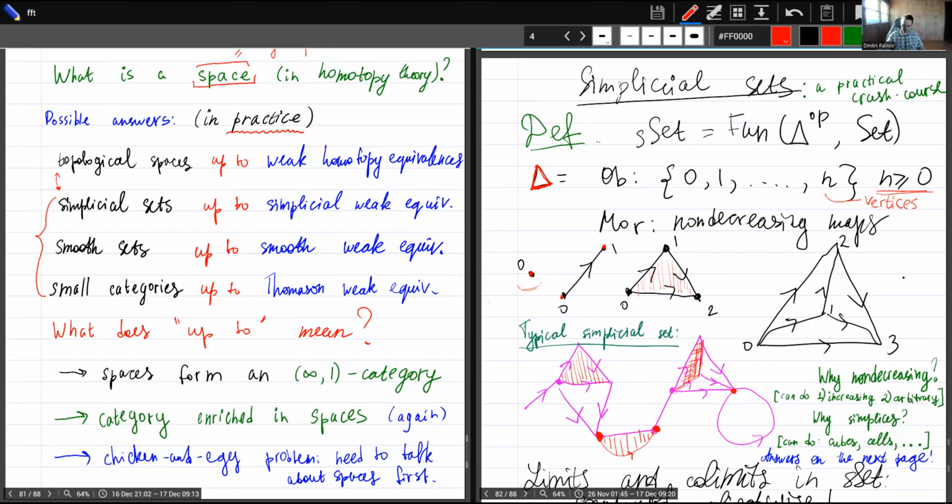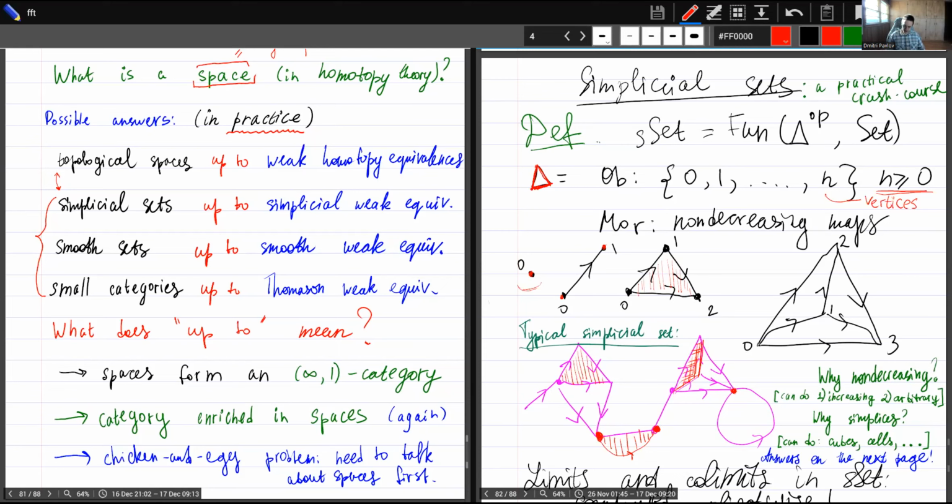There are maybe some observations to make here. As I mentioned, it's a finite ordered set, and you can see the ordering reflected in the picture by the fact that all edges are oriented from a smaller vertex to a bigger vertex, from a smaller number to a bigger number. And the same here.